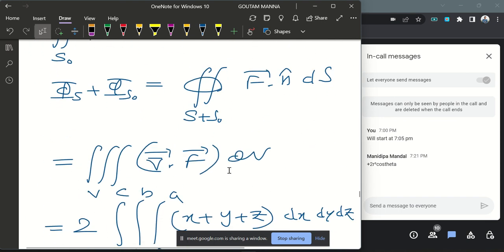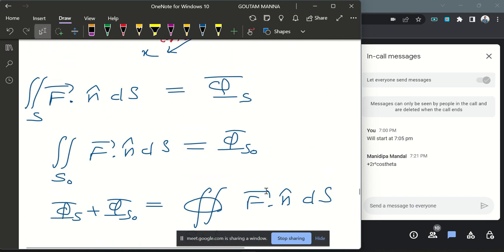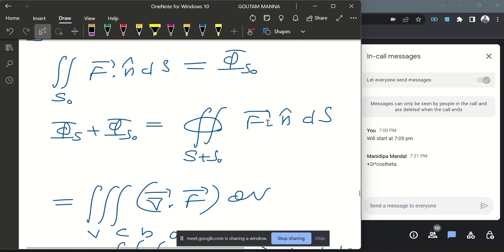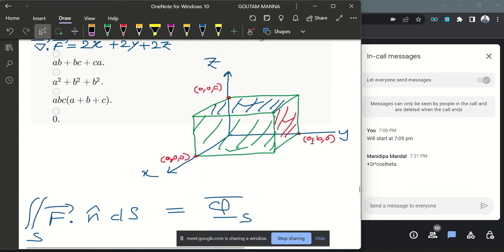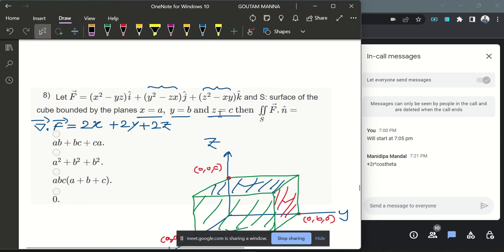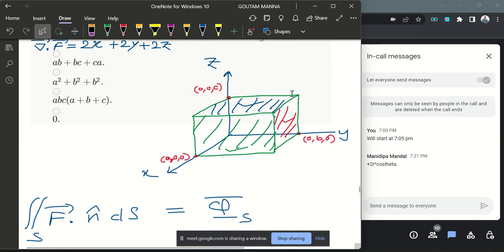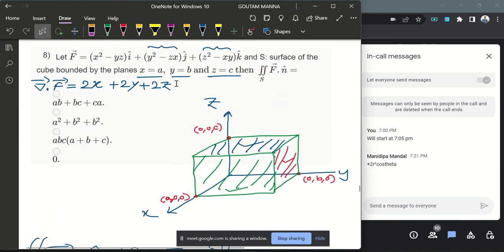This is the volume integral, and this is basically the surface integral of this vector field over the entire surface of this cube. But we are asked to find the surface integral only on these three surfaces: x equals a, y equals b, and z equals c.